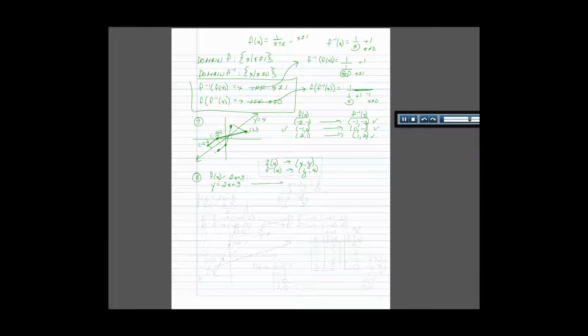And then that changes by reversing the x and the y to x equals 2y plus 3. You see what I just did? I just reversed my x and my y because of the definition here. Okay? And now I'm going to solve for y. So I'm going to subtract a 3.